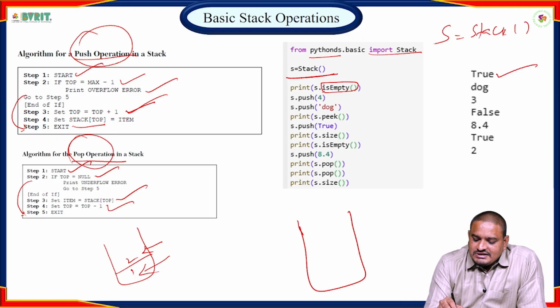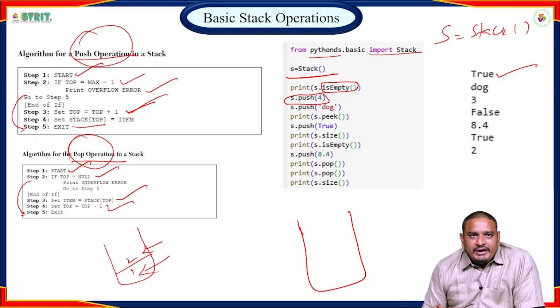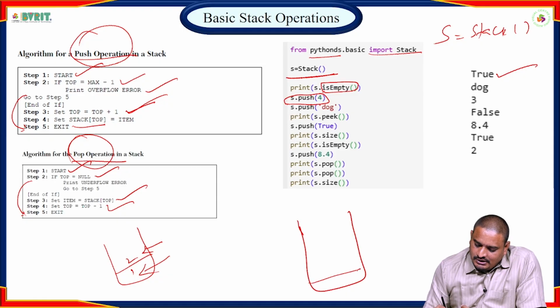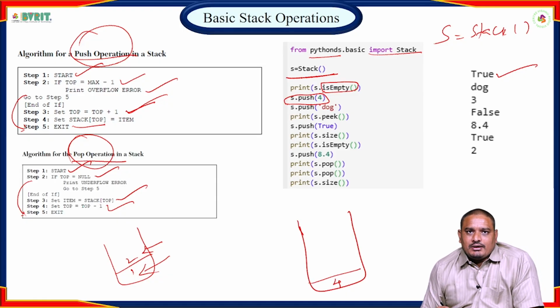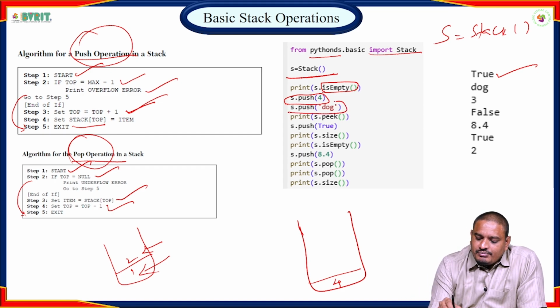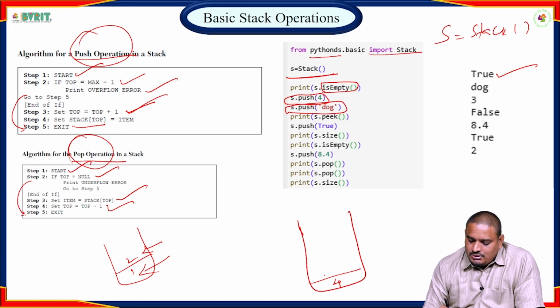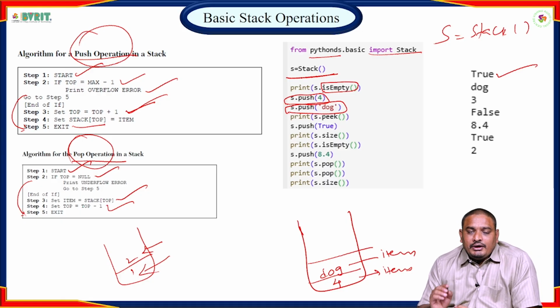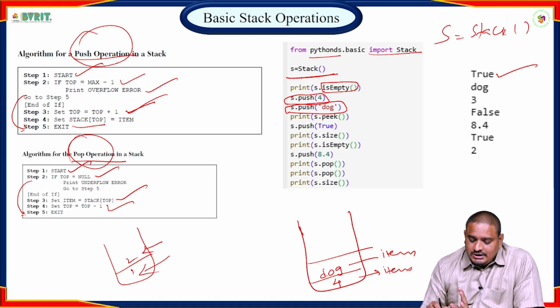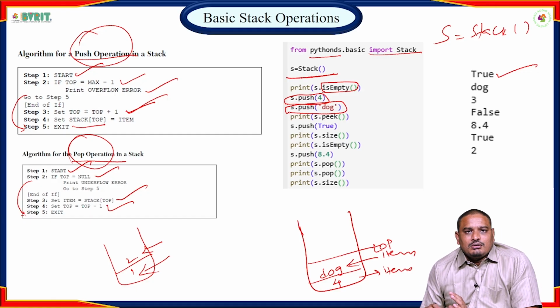If s dot push of 4, the element 4 is inserted into the stack. Next, push of dog. The top position is dog.